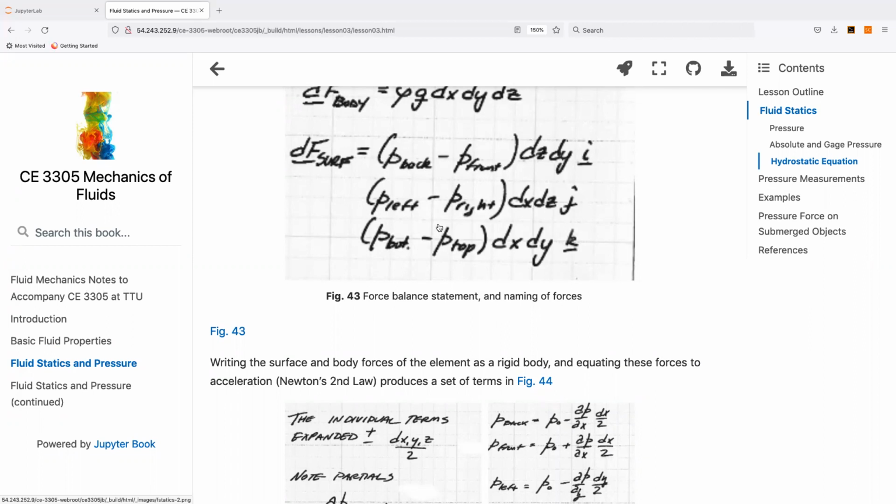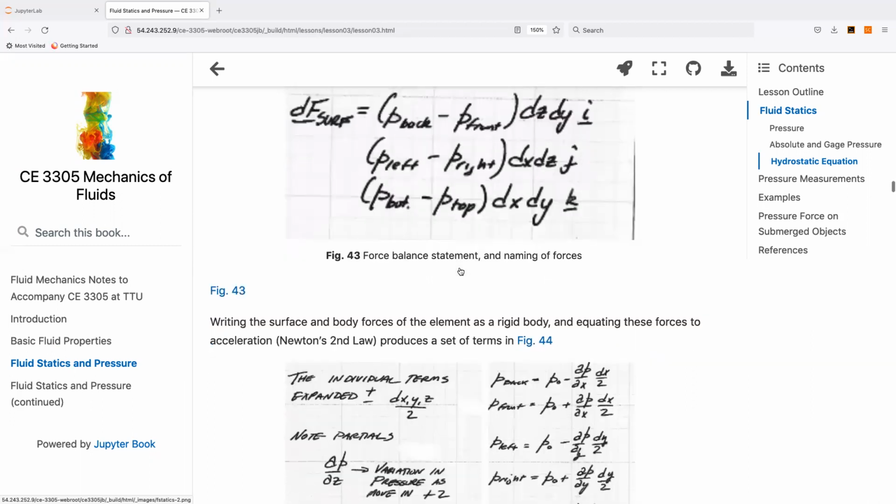In the Z direction, pressure on the bottom minus pressure on the top, acting on dx dy. We don't know the magnitudes of the pressures yet. That's irrelevant. I've chosen the back, front, left, right, bottom, top to be coincident with the coordinate directions, with back, left, and bottom bigger than the respective front, right, and top.